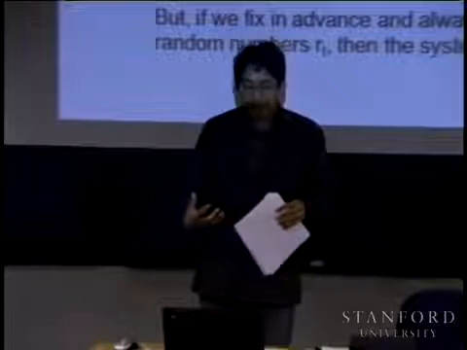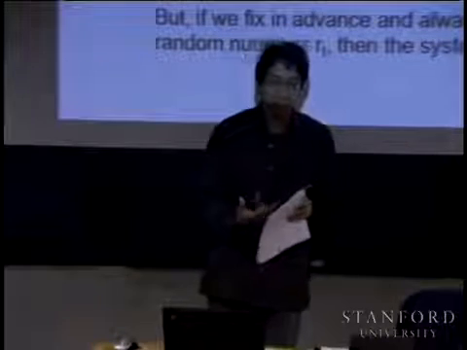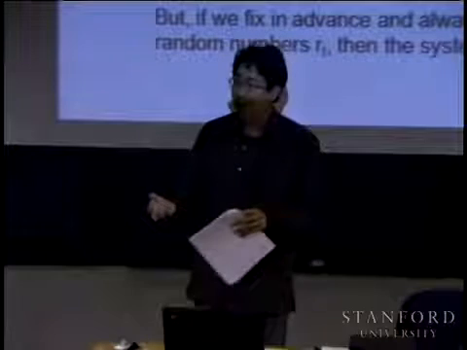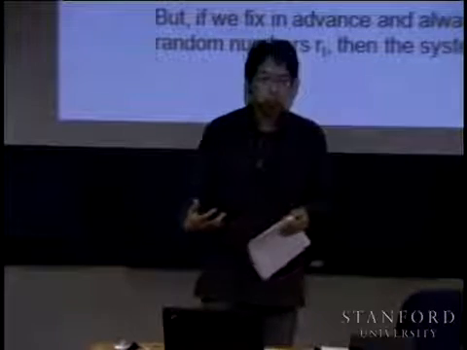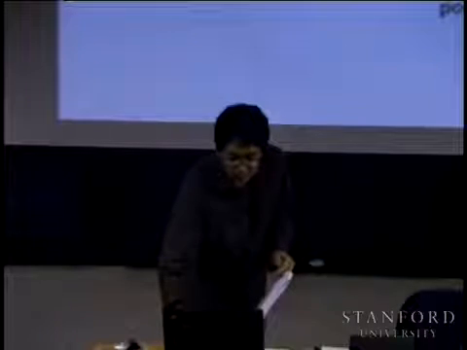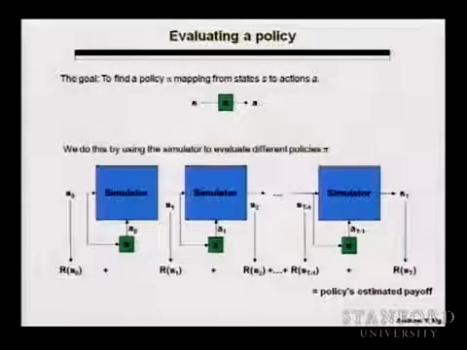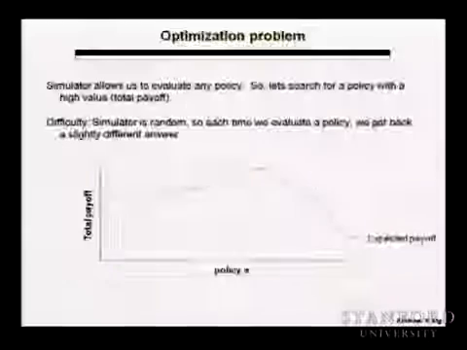So you actually sample, say, 100 sequences of random numbers, some number I made up, and every time you want to evaluate a policy, you evaluate it against all 100 sequences of random numbers in an average. This is exactly the same way that on the earlier picture, you wouldn't necessarily evaluate the policy just once. You evaluate it maybe 100 times in simulation and average to get a better estimate of the expected reward.